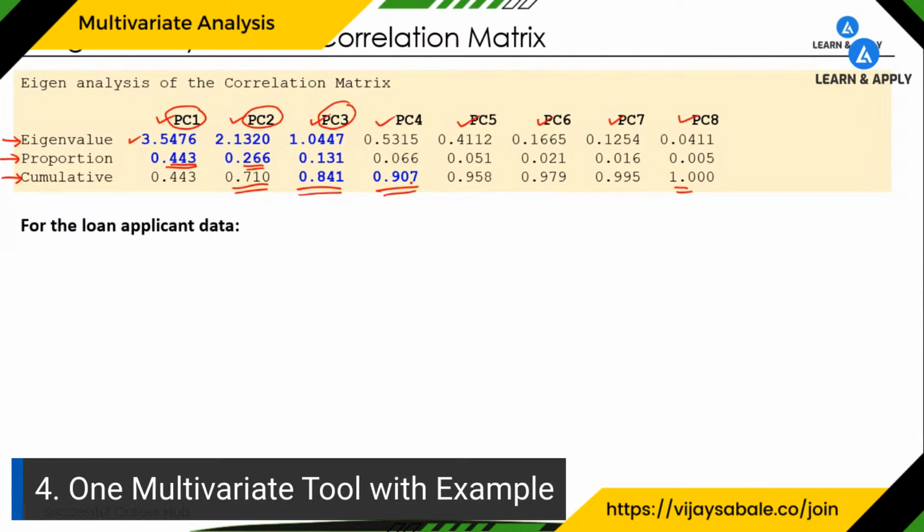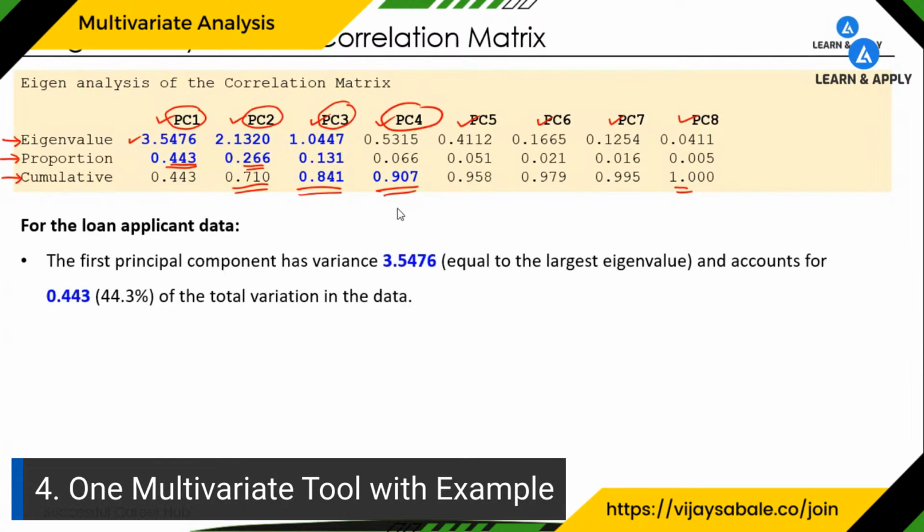Now, going back to the example, the administrator wants to see how many principal components will explain 90% of the data, right? So here we can take up to the 4 principal components, which explain 90% of the data. This is the interpretation of this correlation matrix. This is the same thing that I have explained.